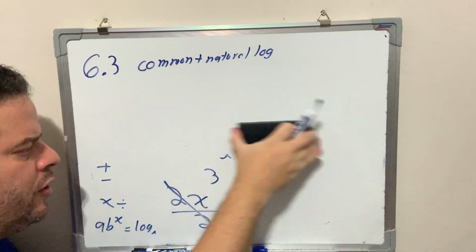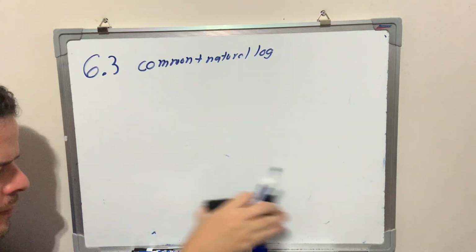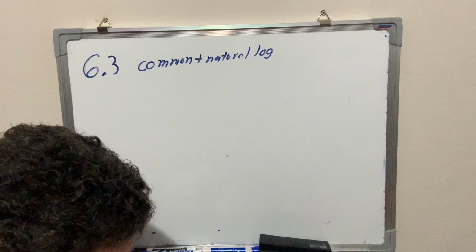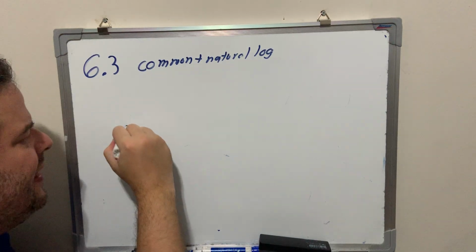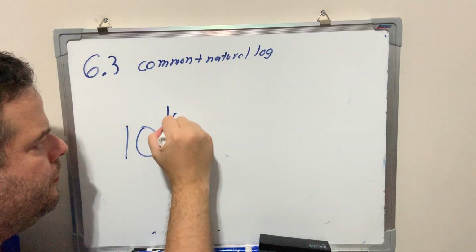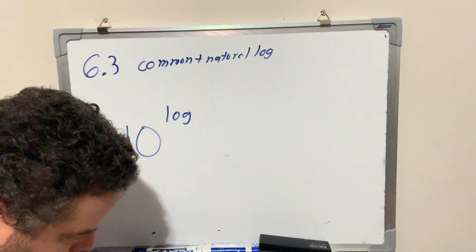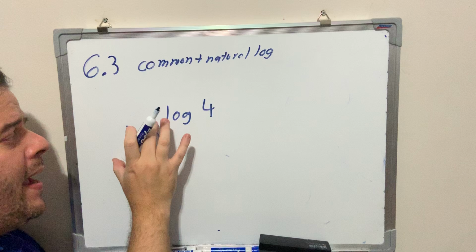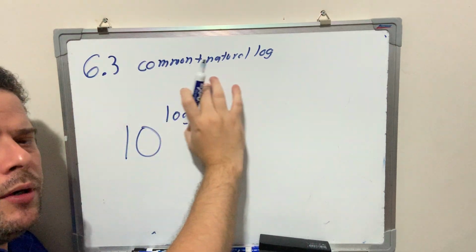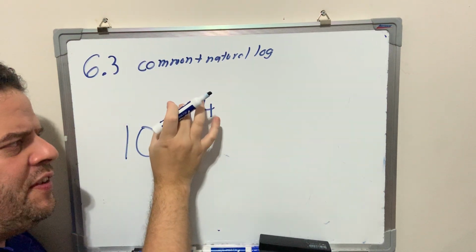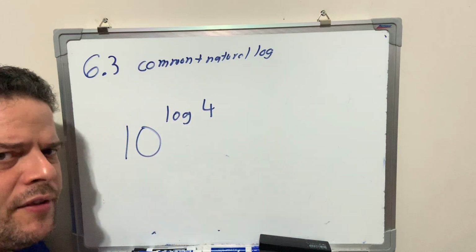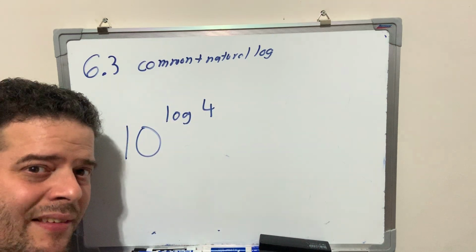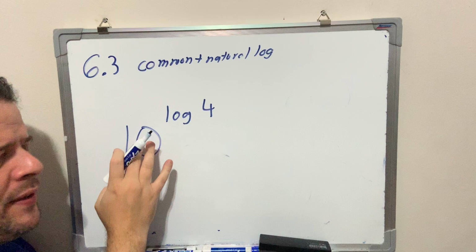So let's see how that works with logarithms and exponents. Let's look at example 5. Let's say I have this expression. Right now, this is a power, and this is a log. And powers and logs are opposite. They cancel out. Now, what number is this? 10.